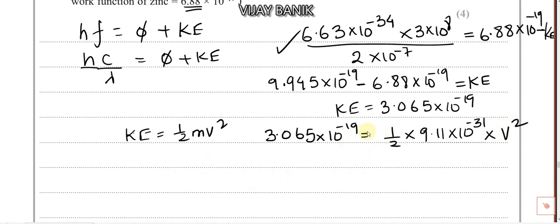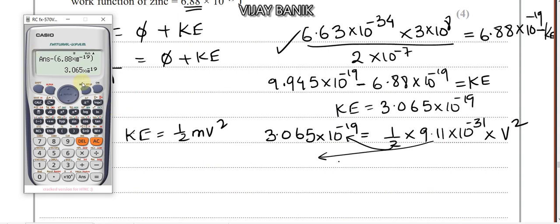So all I have to do is multiply this with this and divide with this, doing cross multiplication. So whatever I got multiplied by 2, divided by the mass of an electron, 9.11 into 10 raised to minus 31, equals the root of the answer.